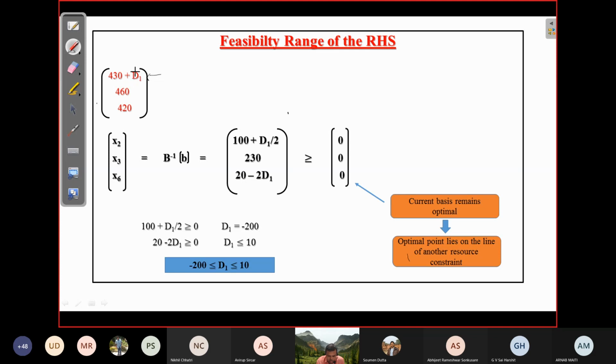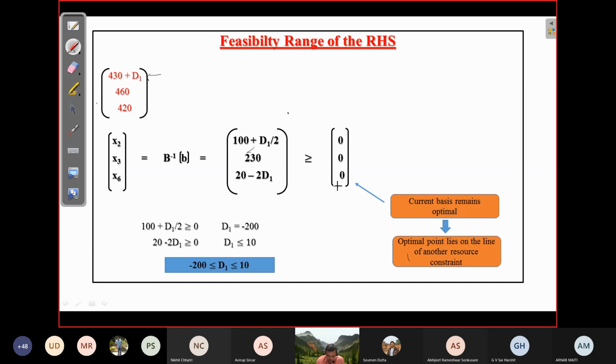I am interested to know the range of D1 for which the current basis remains optimal, and that will give me the feasibility range of this first resource, that is the operation 1 availability. So we simply put it in B inverse b and we get B inverse b greater than or equal to 0. This is the condition so that the current basis remains optimal.